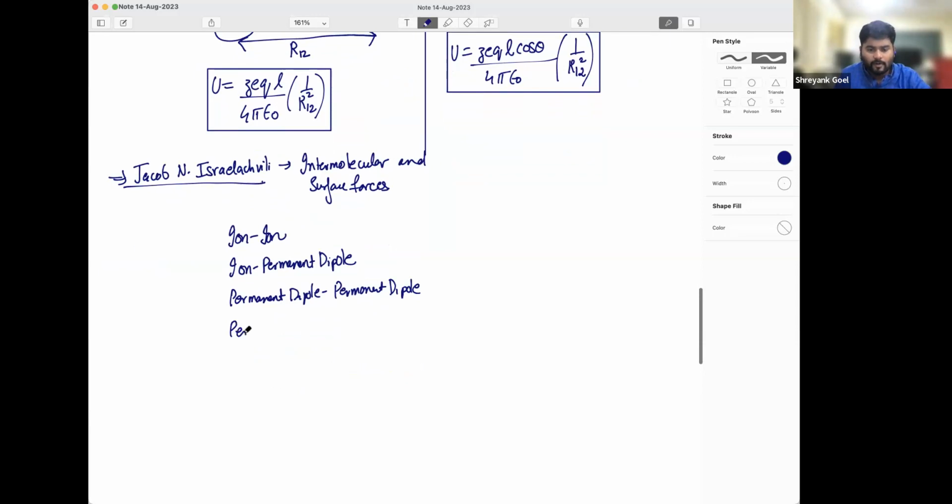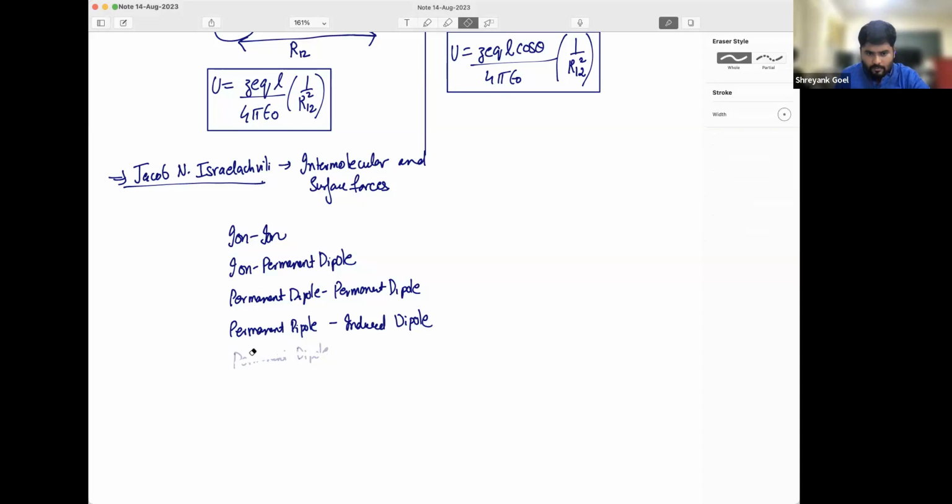Then we have permanent dipole, induced dipole, and then we have induced dipole, induced dipole.